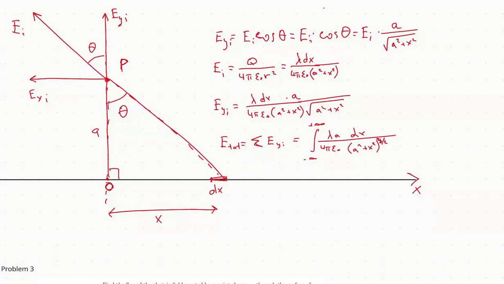1 over x squared plus a squared to the power 3 over 2.